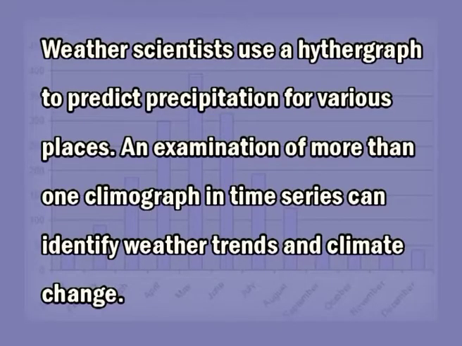Weather scientists use a Hythergraph to predict precipitation for various places. An examination of more than one climograph in time series can identify weather trends and climate change. Farmers may also consult a Hythergraph to plan their planting strategies.